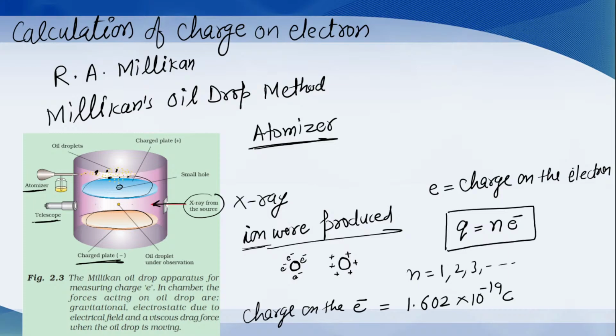That is the fundamental charge, the charge on the electron, and the magnitude of the charge is negative. Okay, now the next part is calculation of the mass of the electron.